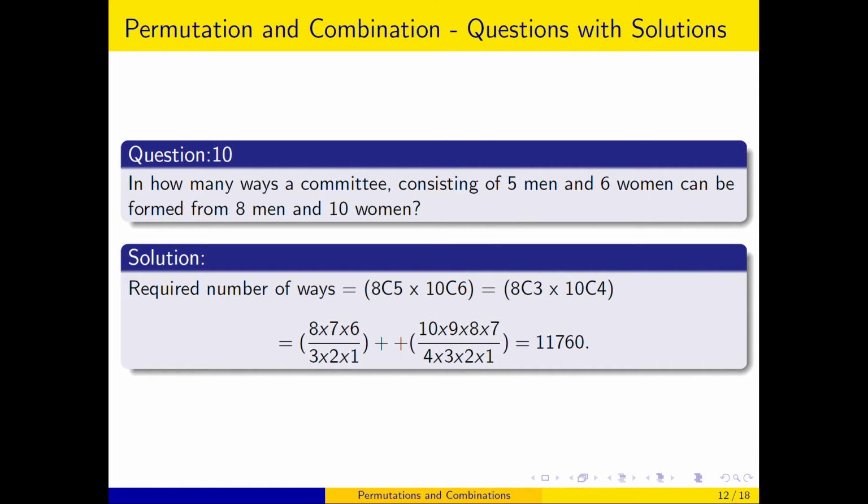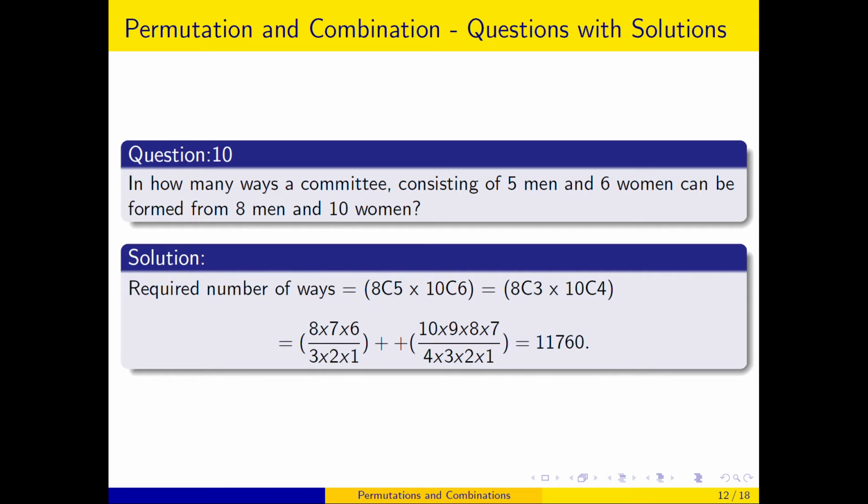Question number 10: in how many ways can a committee consisting of 5 men and 6 women be formed from 8 men and 10 women? This problem is also the same as the previous questions. Here the required number of ways is: out of 8 men we have to choose 5 men, and out of 10 women we have to choose 6 women.